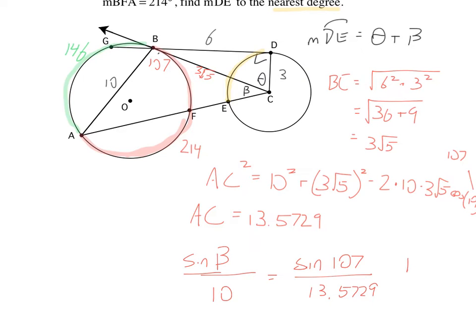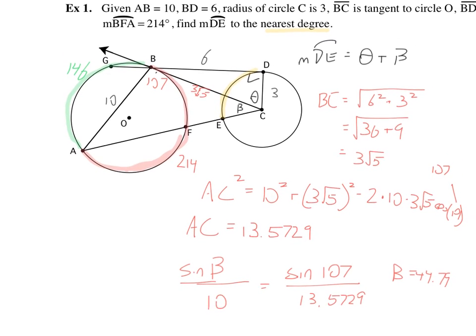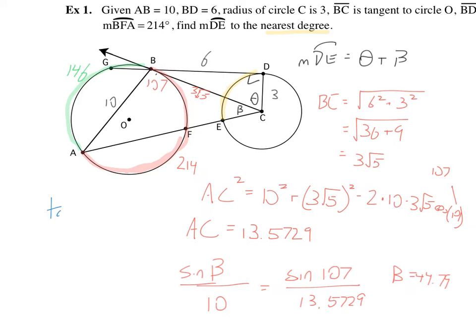So that will give us a beta of 44.7944. Okay? Now, all of that, then we have to go find theta. Okay? So theta, let's use blue for that, is we're going to have the tangent of theta equals 6 over 3.